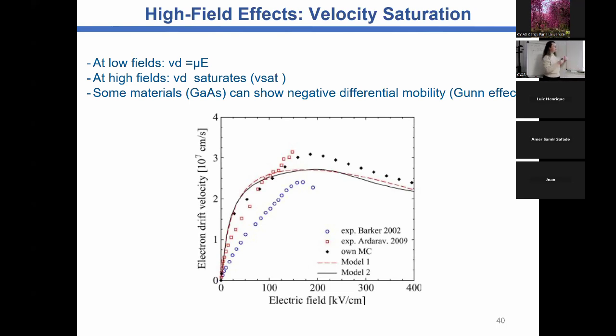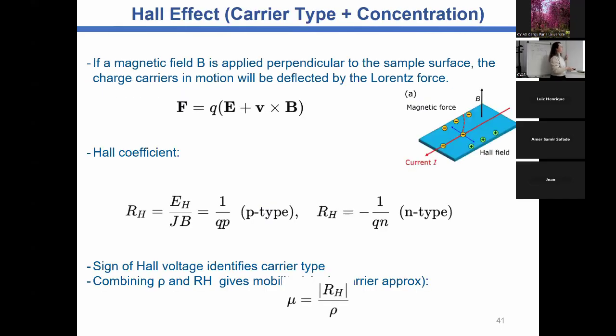That means that all the carriers that you move inside this potential reached the other contact. So it will depend on the material's properties, but every material has this saturated velocity, and we can fit it and find its mobility.